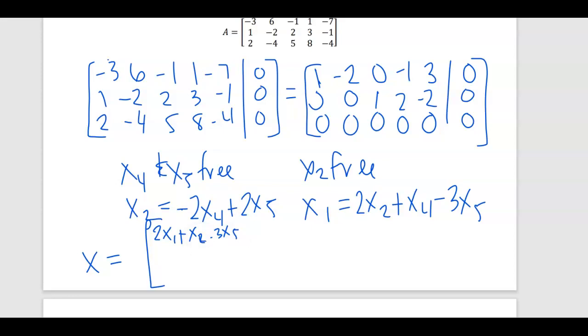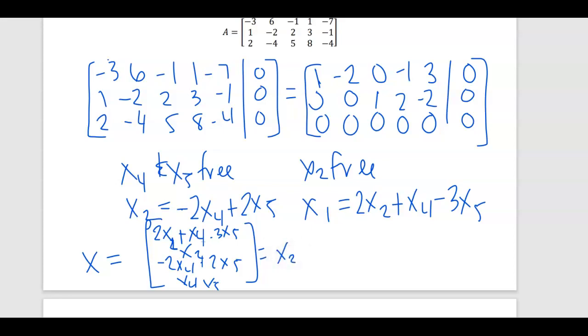2x2 plus x4. Okay, x2 is free. x3 is negative 2x4 plus 2x5. And then x4, x5 are free. I'm running out of room here. Let's write this as a spanning set.